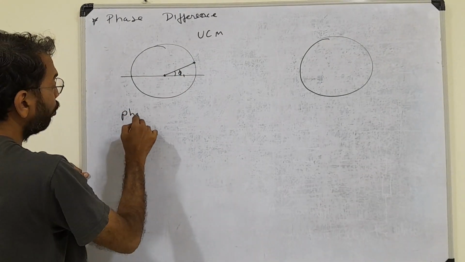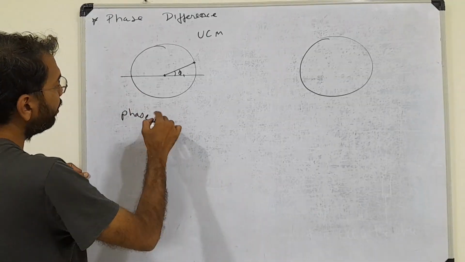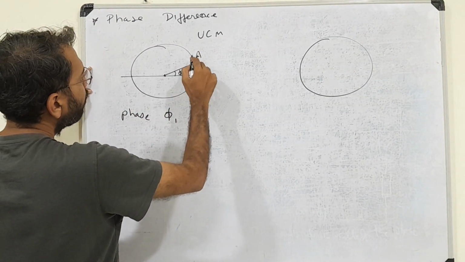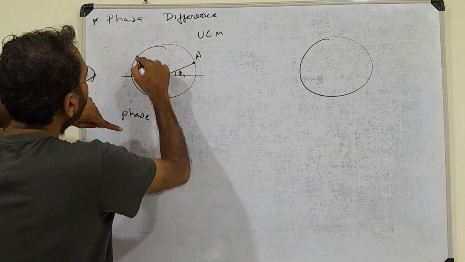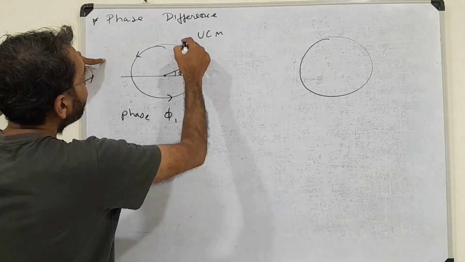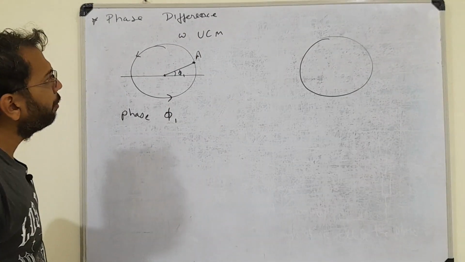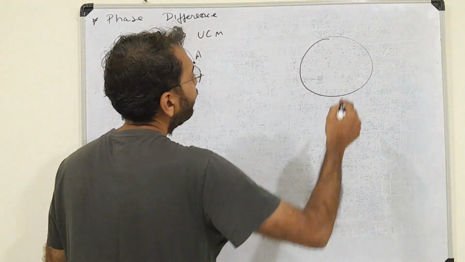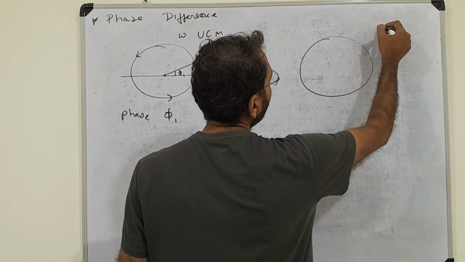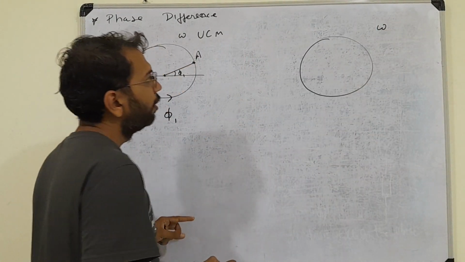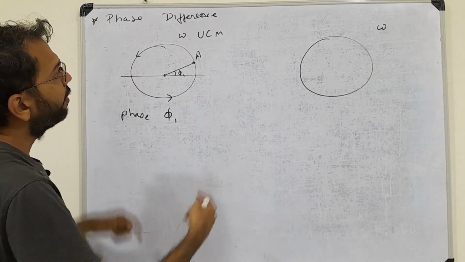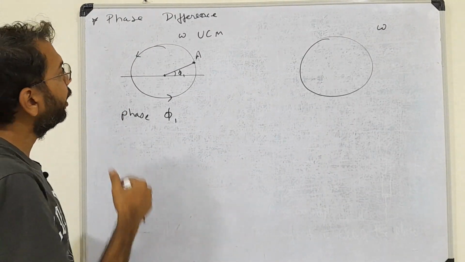So this particle is going round and round in circles with a certain omega. And let's for simplicity keep this particle also having the angular velocity as omega. So both are going in circles with the same angular velocity.